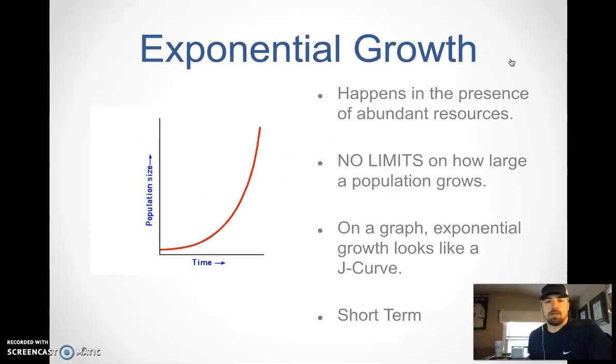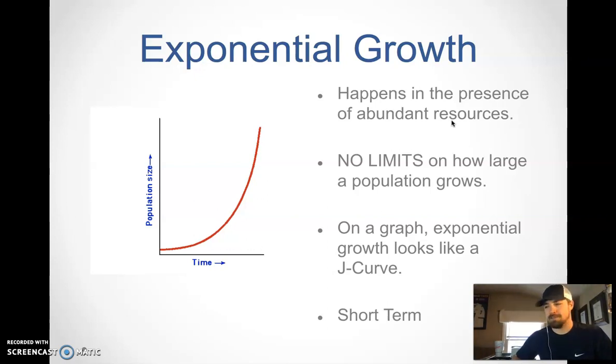So to start us off, we're going to look at exponential growth. Exponential, as you probably should know, is all about increase or decrease pretty rapidly over a short period of time, right? This happens in the abundance of resources. When we're looking at populations, you're going to see exponential growth if there are abundant resources available. If I'm here in my house and I have a lot of boxes of Cheez-Its, I'm not going to die.